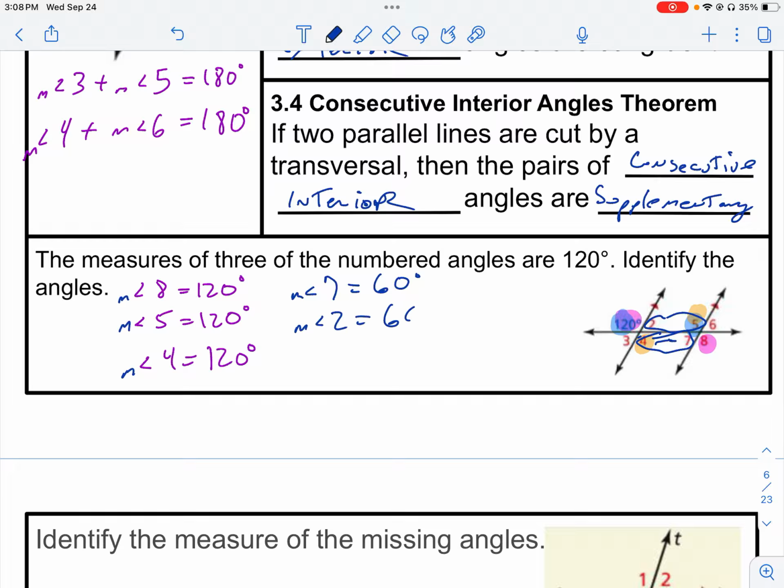So the measure of angle 2 equals 60 degrees. Well, 7 and 3 are consecutive interior angles. So the measure of angle 3 equals 60 degrees. And 3 and 6 are alternate exterior angles. So the measure of angle 6 is 60 degrees.